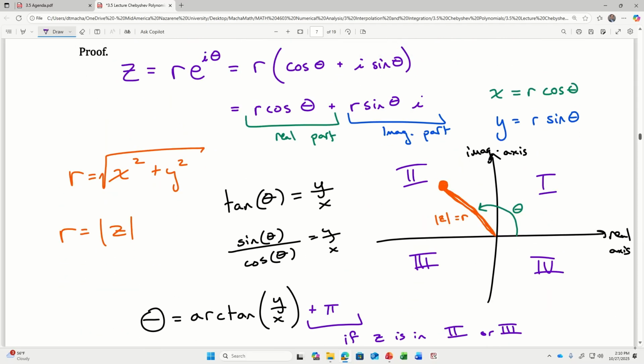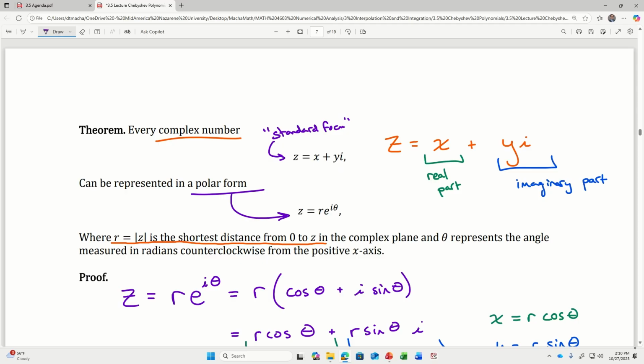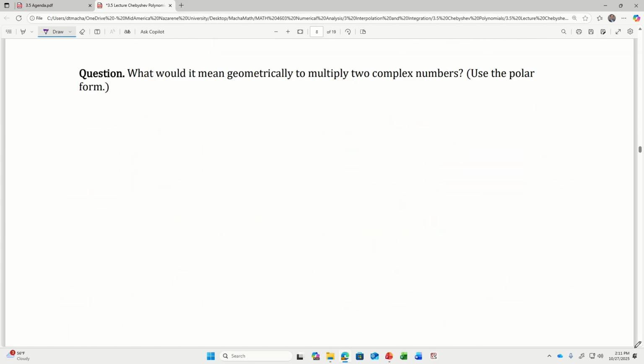Questions about that? About converting a complex number from standard form to polar form? You see how every standard form can be represented in polar form, and every polar form can be represented in standard form. So the next question is, what would it mean geometrically to multiply two complex numbers?